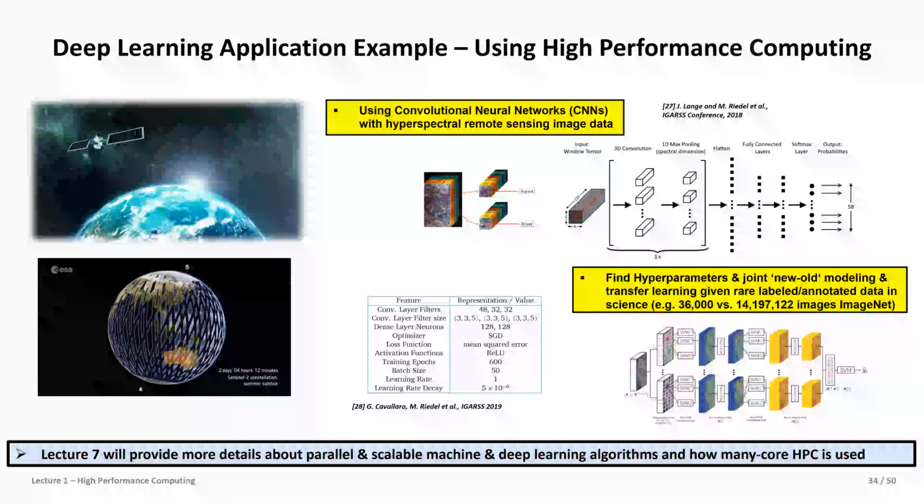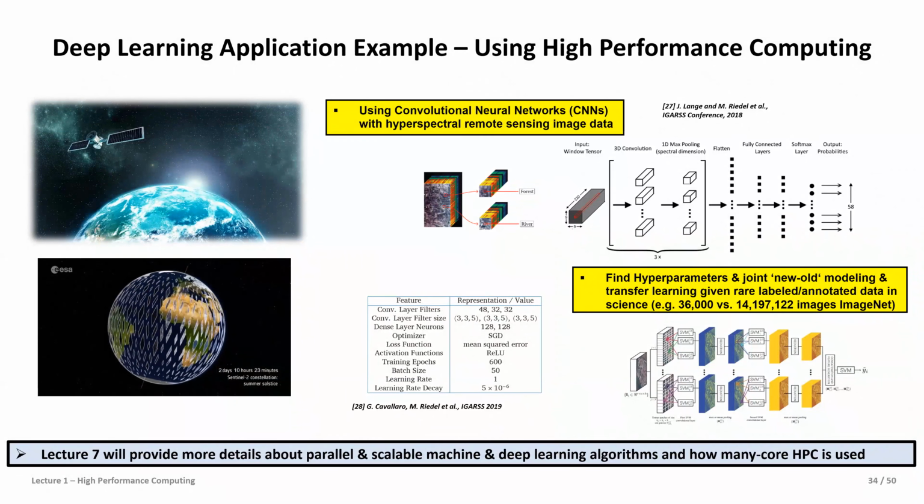So in lecture 7, we will learn what a hyperparameter is. Here are some examples: the optimizers you choose, activation functions you choose, the training epochs, the batch size, the learning rate, etc. These are all different parameters which you need basically to train a neural network. And you never know if that's really the best way to train it. So you end up training it a lot of times.